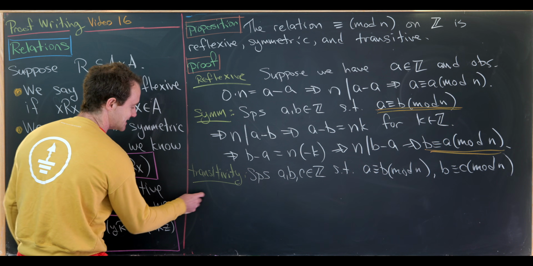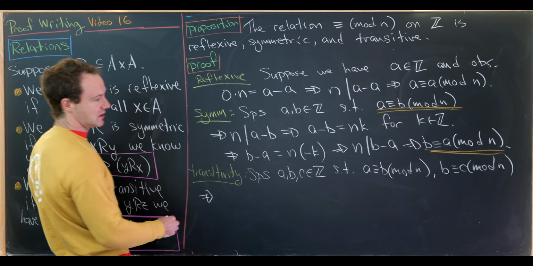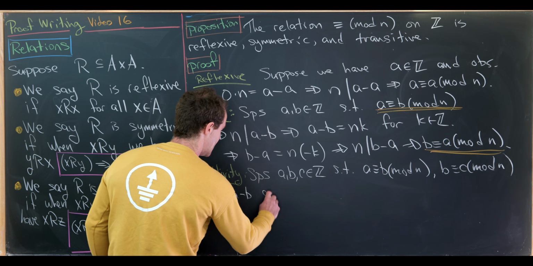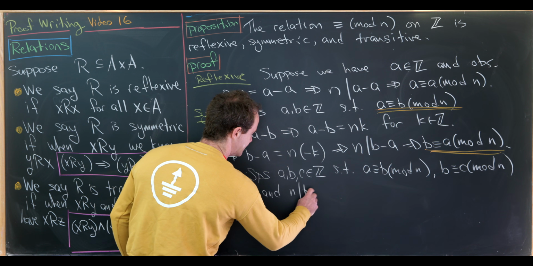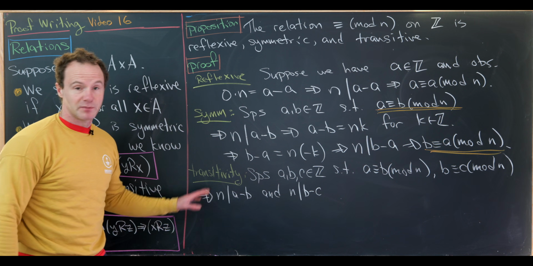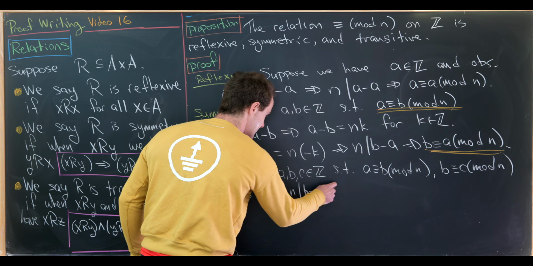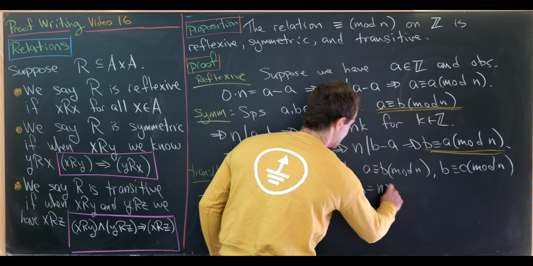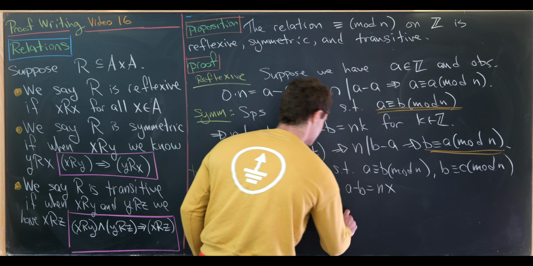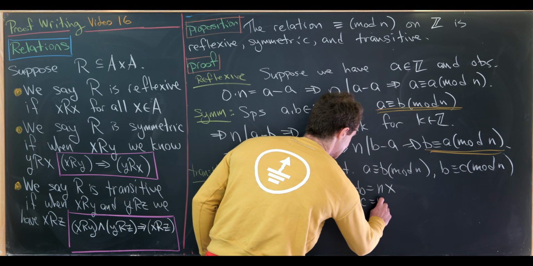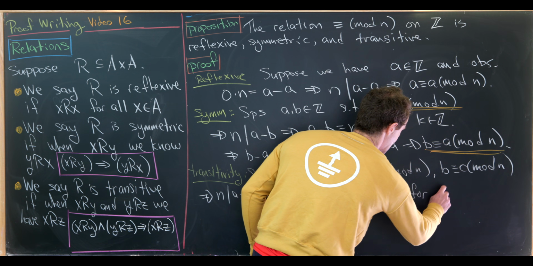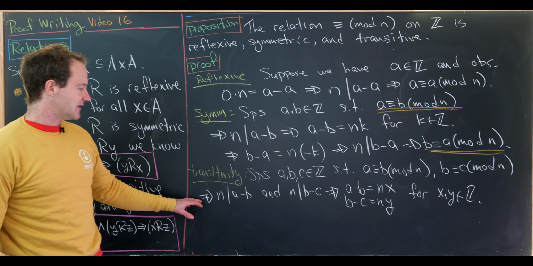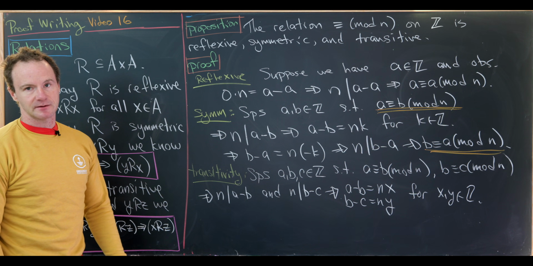Then the definition of congruence mod n will tell us that n divides a minus b and n divides b minus c. Then the definition of divisibility says that a minus b is equal to n times x, and b minus c is equal to n times y, for integers x and y. Just to reiterate, that's by the definition of divisibility.